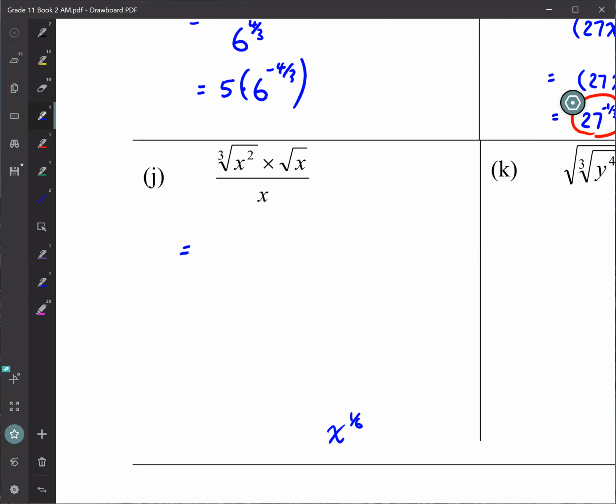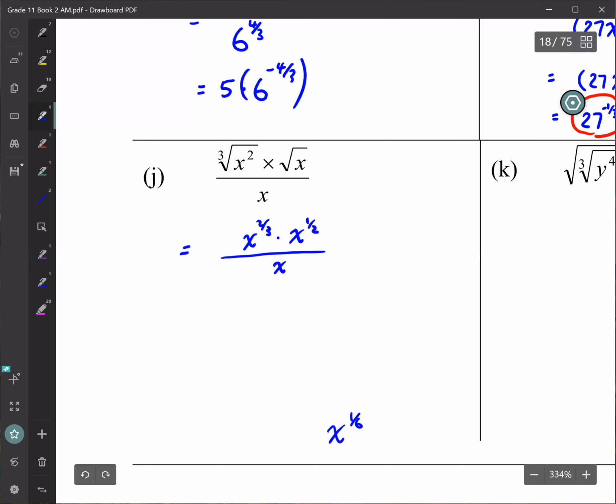I have the same too. Can you tell us your first step? I multiplied the x together, like x to the 2/3 times x to the 1/2. Yes. Times x to the 1/2 over x.